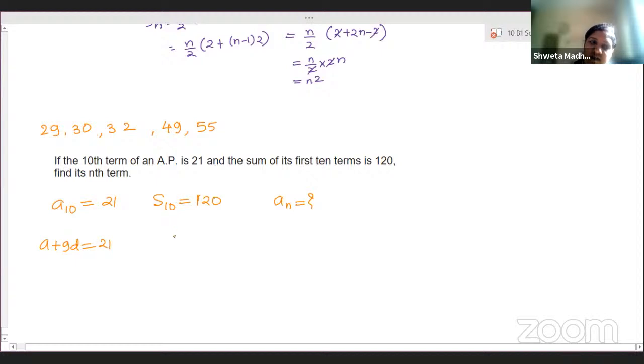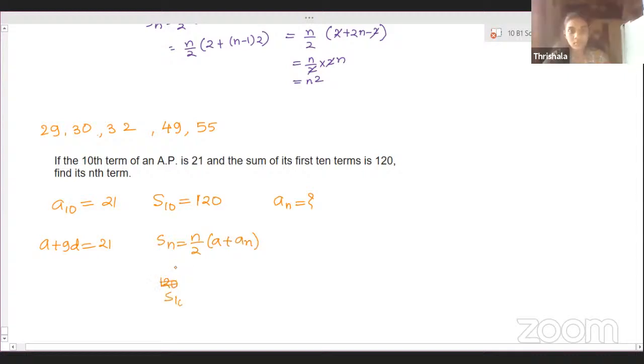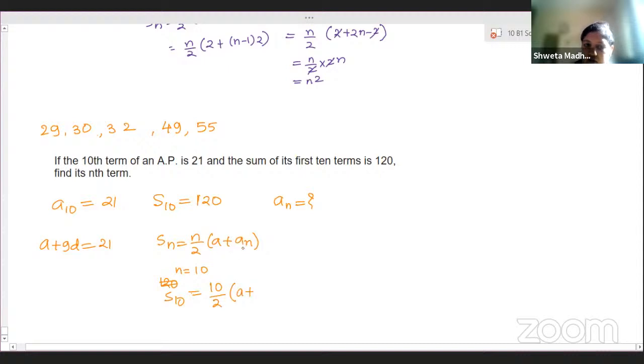Now S10 is, Sn is equal to n by 2 into A plus An. Sn is 120, that is S10. N is 10. Then it is 10 by 2 into A plus An, that is A10, right?